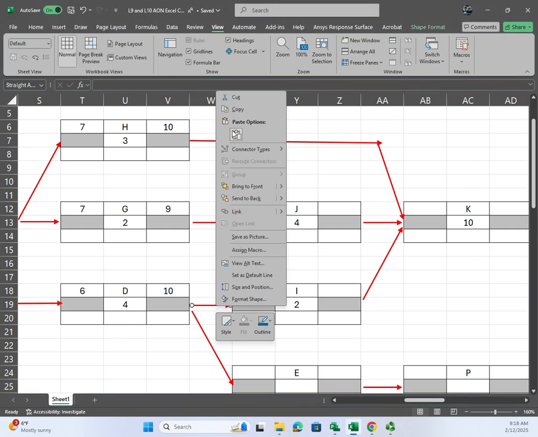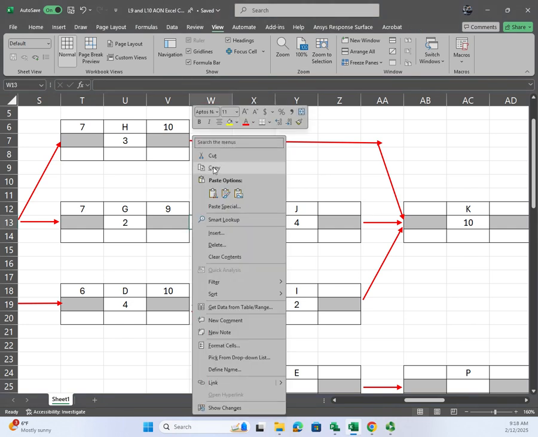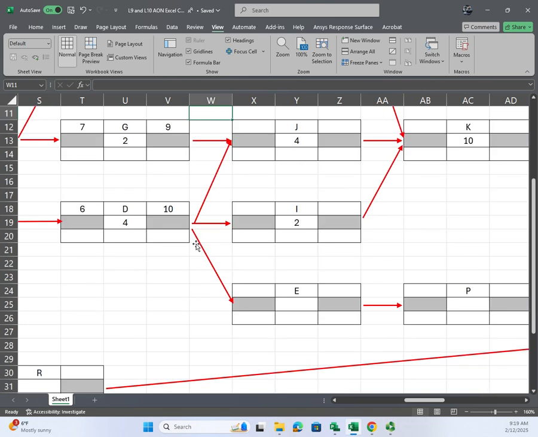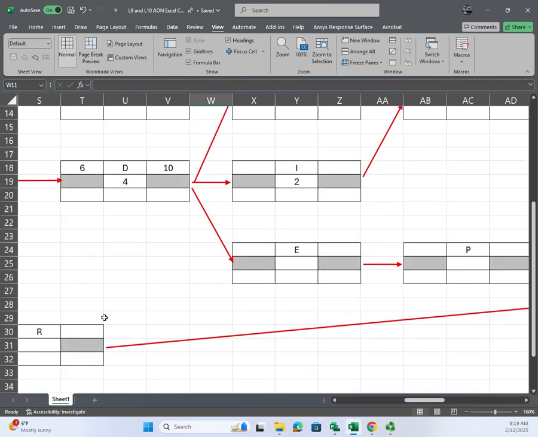So let's do this. Okay. So E is preceded by D. I is preceded by D. And J is preceded by D. We haven't dealt with R yet. That's what I was making sure I had.